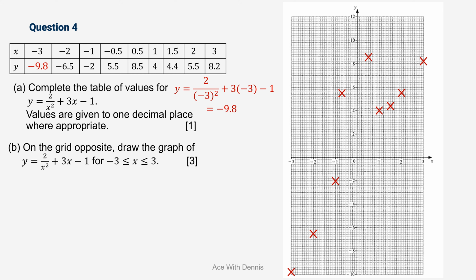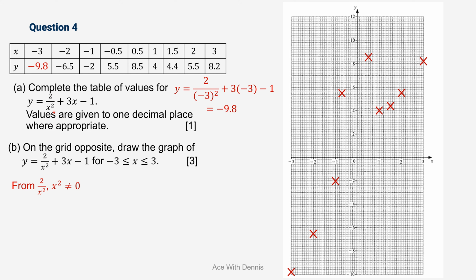Okay, so after I plot all the points, I can see that there are two possible ways to draw this graph. Either it can go up and then join this point, go down, and go up again in this manner, or maybe another way around. So how can we tell? What we can do is study the equation here.